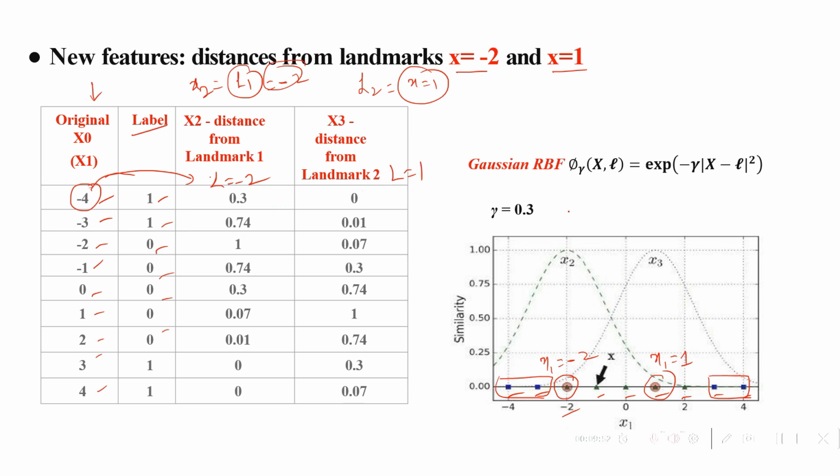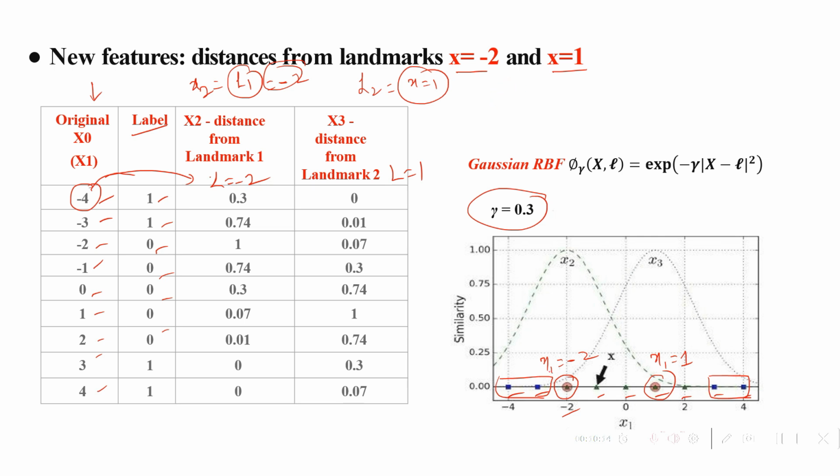Now the formula to find the similarity function is phi gamma of x comma l equal to exponential of minus gamma into the norm of x minus l, whole square, where gamma equal to 0.3. Now we'll see how we calculate this function.